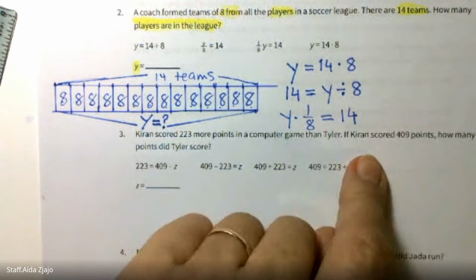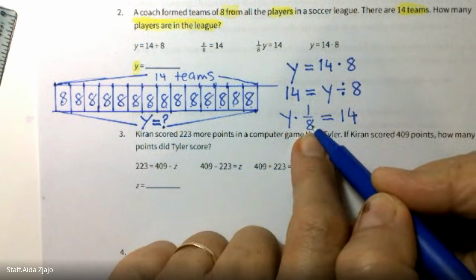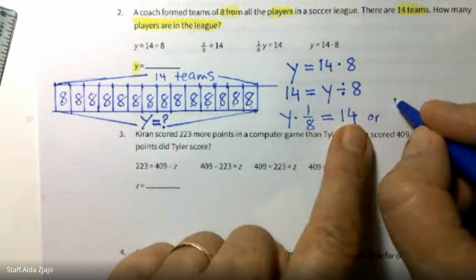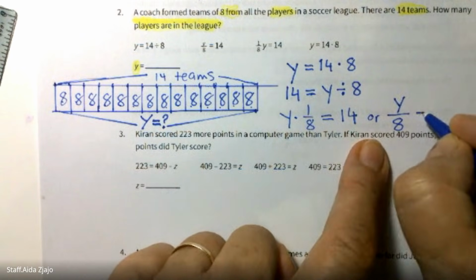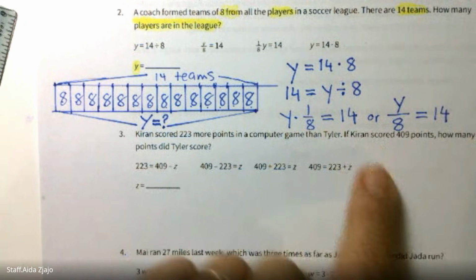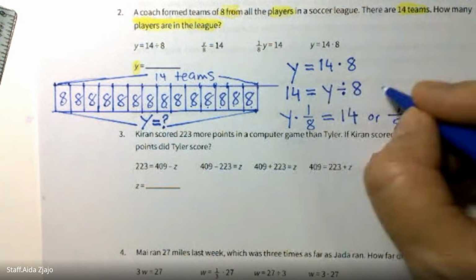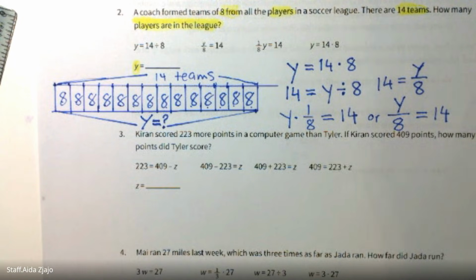That's another way to see it. Also, y times 8 is the same as 14 divided by 8. So either way it will work.